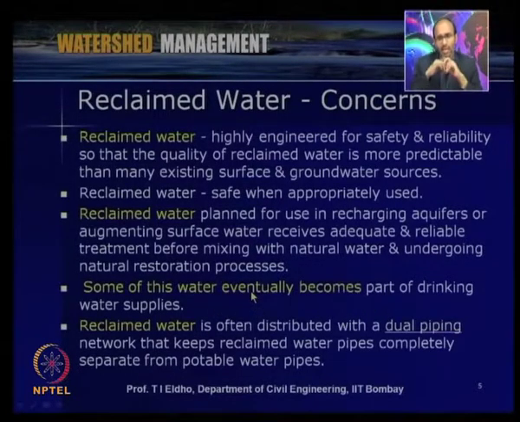So, let us assume that there is a long river and a number of cities at different parts of the river. Most of the time, the cities on the upstream side take the water from the river and use it, and after treatment they put back the effluents to the river again. Then the downstream cities again draw this water for their purposes.